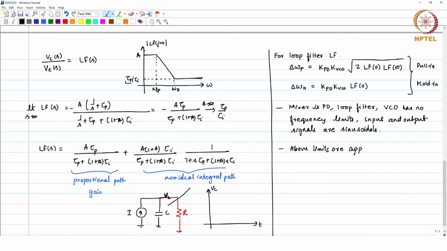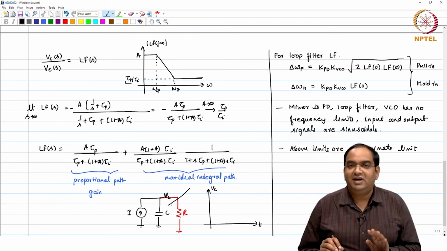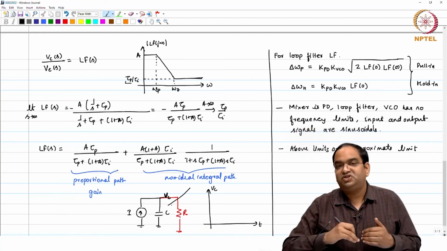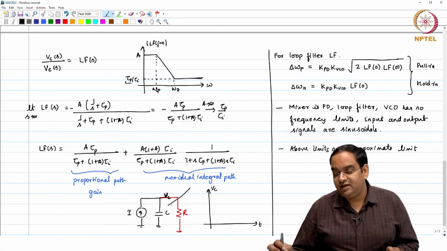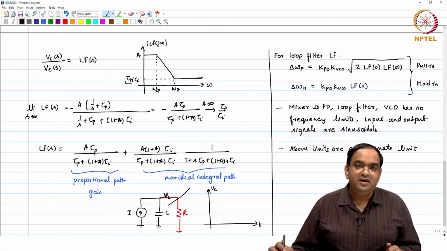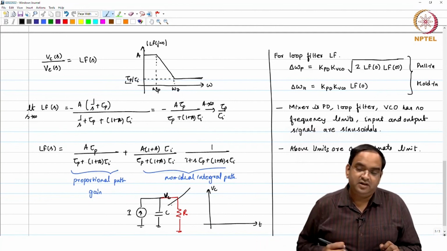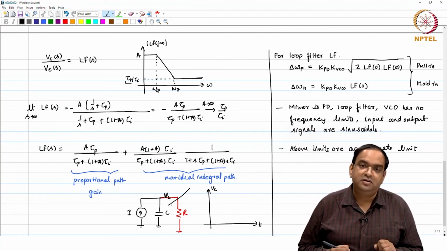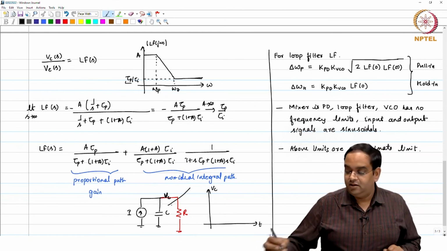So, whenever you simulate the PLL and you find that the PLL is not pulling in even for frequency errors lesser than delta omega p, that is fine, do not worry about it. This is just an extreme limit based on many assumptions. So, please keep that in mind. Thank you.